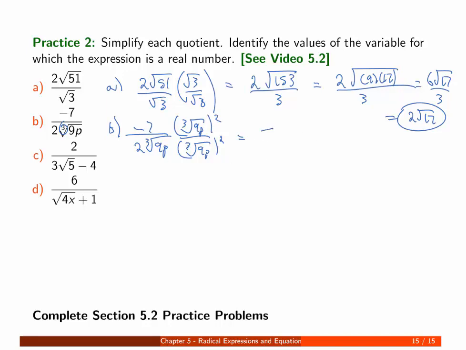On the top, you're going to be left with exactly what you multiply by. Okay, which is that. And on the bottom, you're going to have 2 times 9p, which comes out to be, the top just won't simplify.